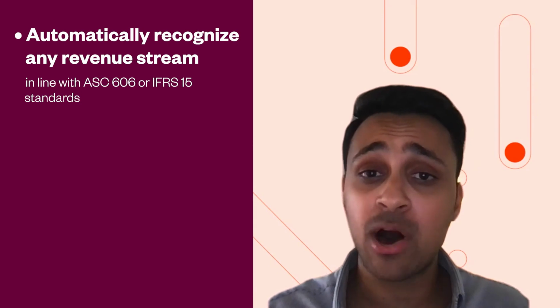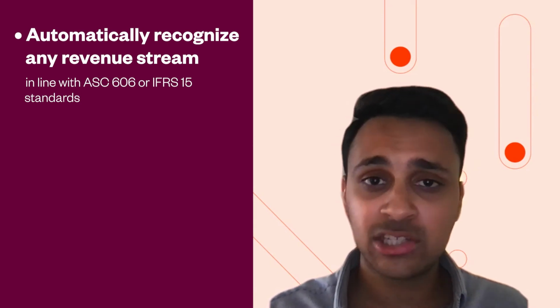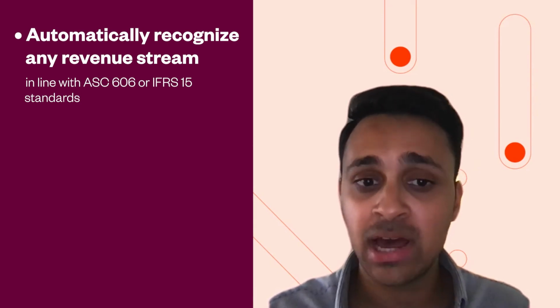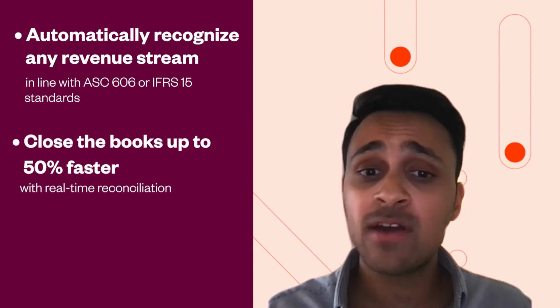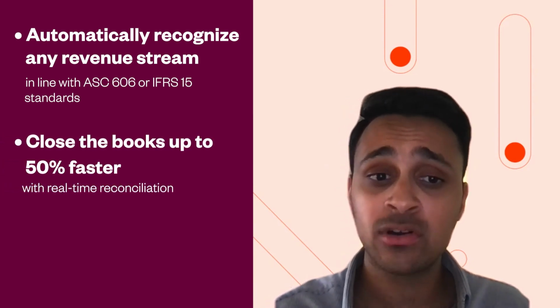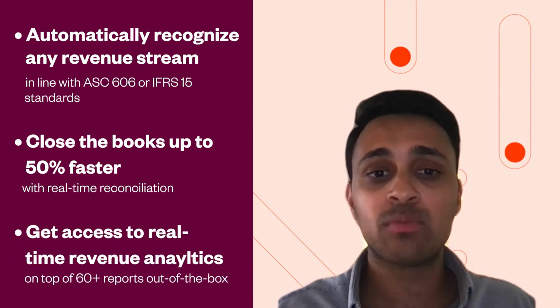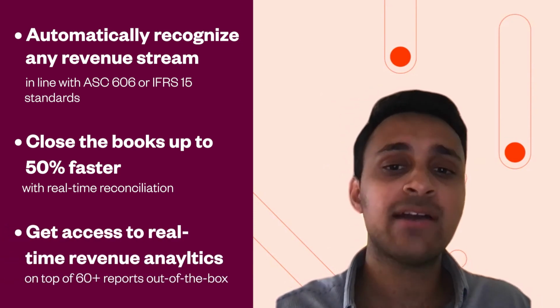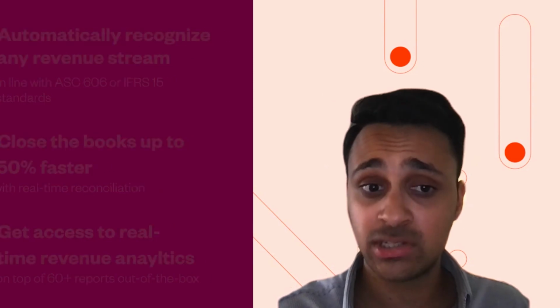So to wrap up here and give a quick recap, Zuora Revenue automates RevRec for any business model in line with ASC 606 and IFRS 15 compliance. It lets you reconcile revenue data in real time to close the books up to 50% faster, and it provides a flexible reporting framework, including a live view of all of your revenue positions.